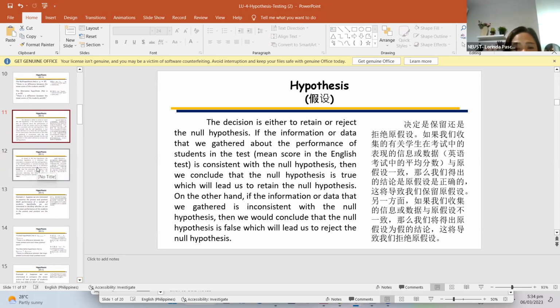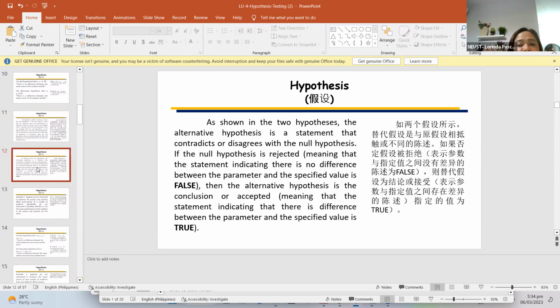para malaman natin kung i-reject or i-accept yung null hypothesis. So as shown in the two hypotheses, the alternative hypothesis is a statement that contradicts or disagrees with the null hypothesis. So if the null hypothesis is rejected, meaning that the statement indicating that there is no difference between the parameter and the specified value is false, then the alternative hypothesis is the conclusion or accepted, meaning that the statement indicating that there is difference between the parameter and the specified value is true.